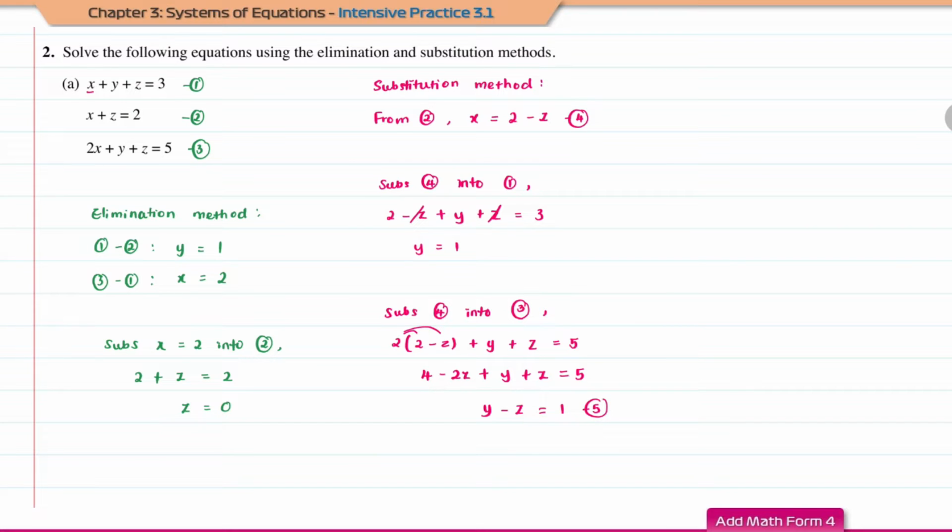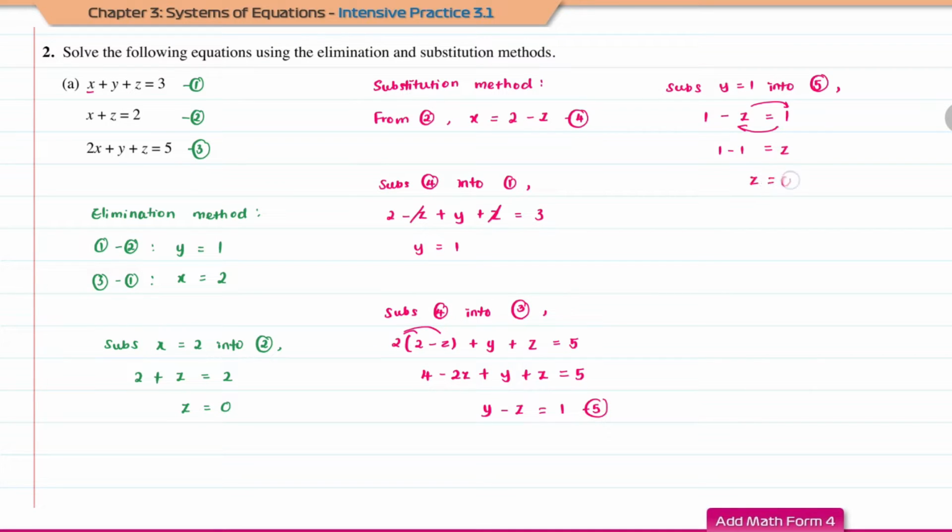As I already found that y is equal to 1, right? Next I'm going to substitute y equals 1 into equation number 5. Therefore 1 minus z equals 1. So I'm just going to move the z to the other side, and the number 1 to the left hand side. So therefore 1 minus 1 equals z.